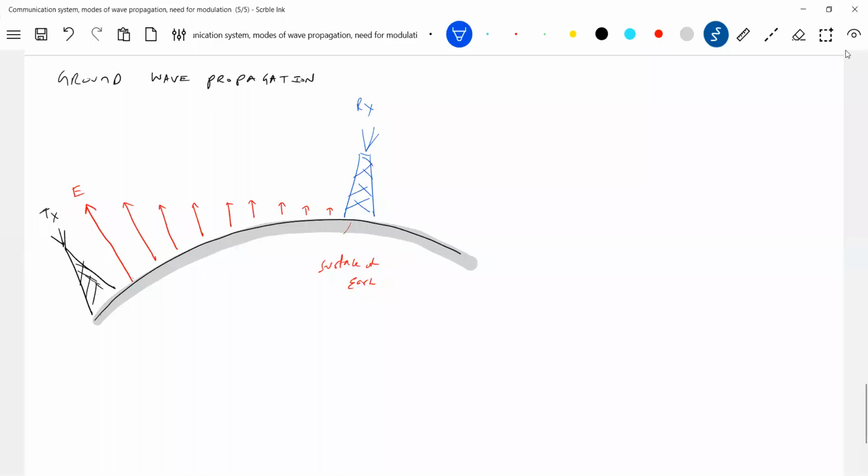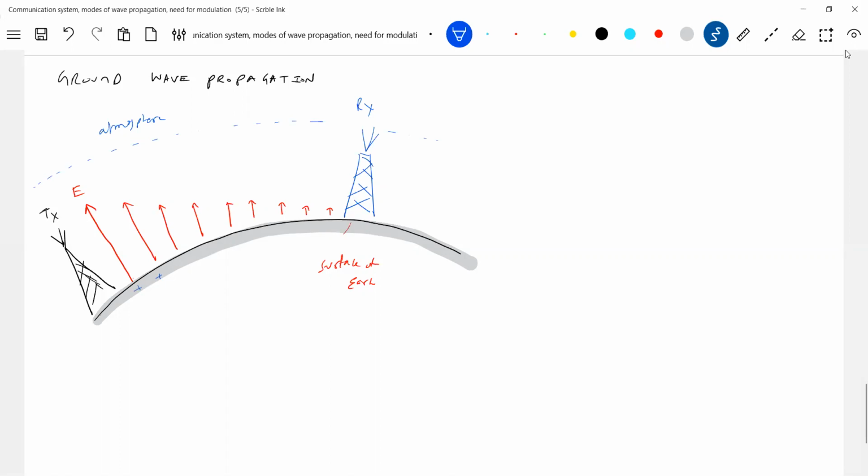We use RX for the receiving station. So this E bar vector will be directed as it propagates, and we know the E bar vector should always be directed from higher to lower potential.